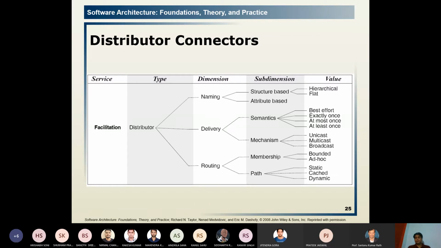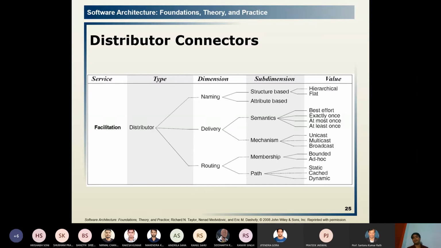Then the path. For path routing, or router routing, router means path. Router routing means the router will decide the path. Source routing means the source will decide the path, from source to destination. The path is static, cached, or dynamic.